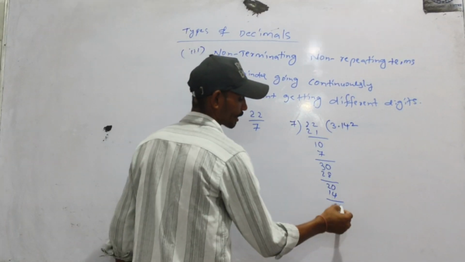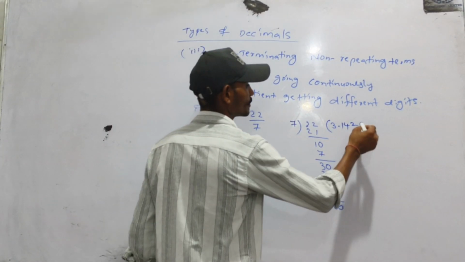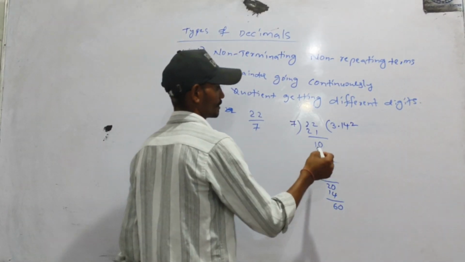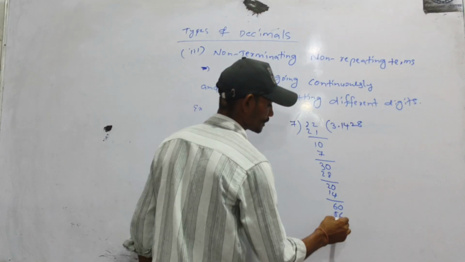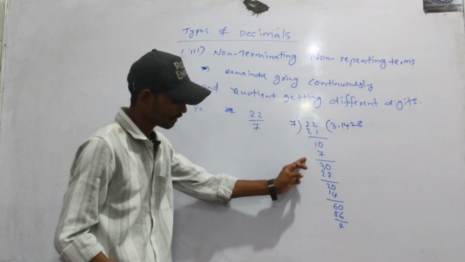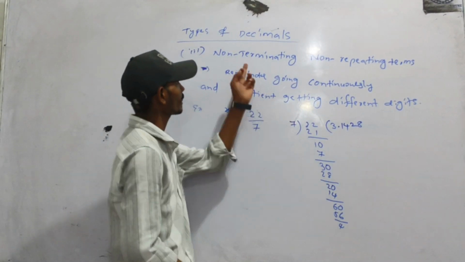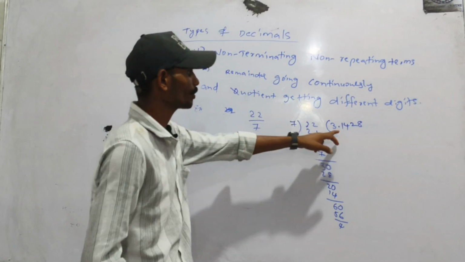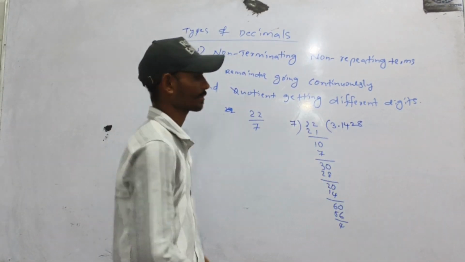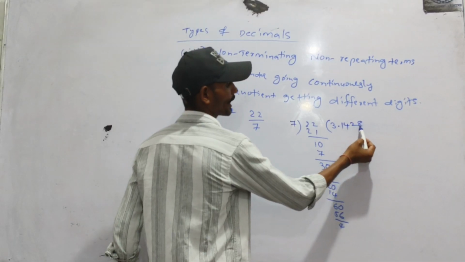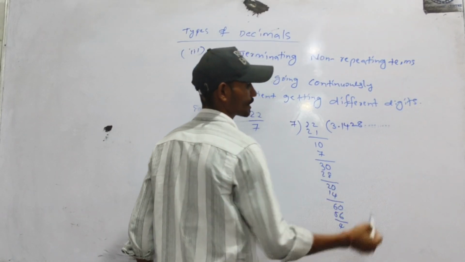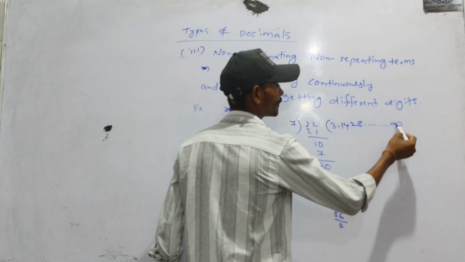Then I am putting 1 0, next 7 8s are 56. You observe the remainder is going continuously, that's why I am calling it non terminating, and the coefficient is also getting different numbers, different digits, 3.14285, like this it is going continuously in different numbers.